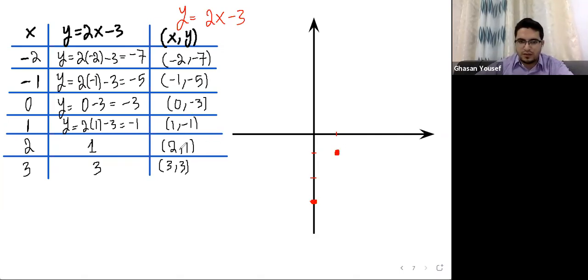The third point is 2 and 1. So this is my 2, and 1 would be around here. This is 2, this is 1, this is -1, -2, and -3.